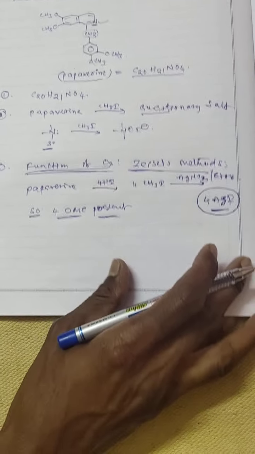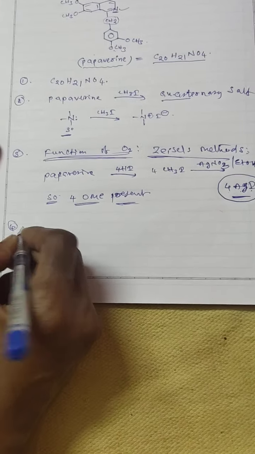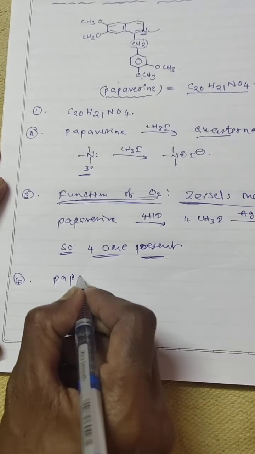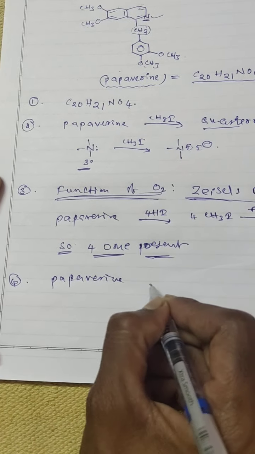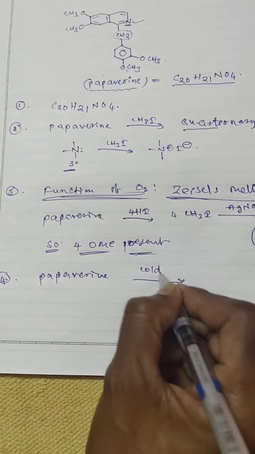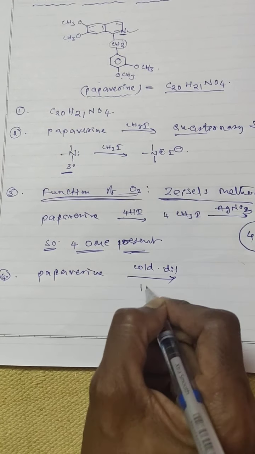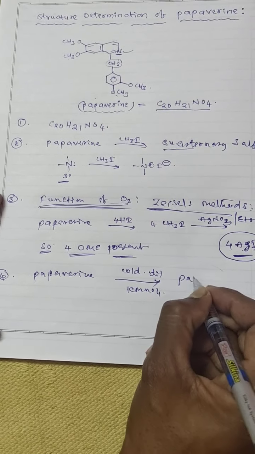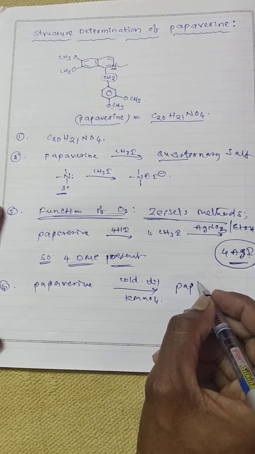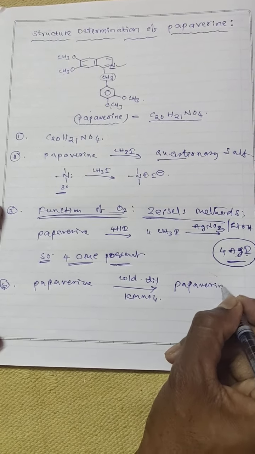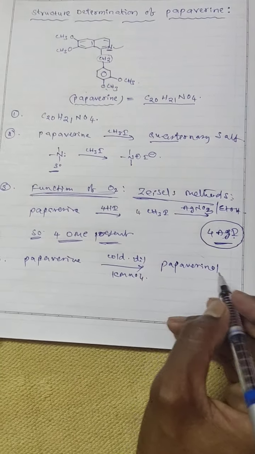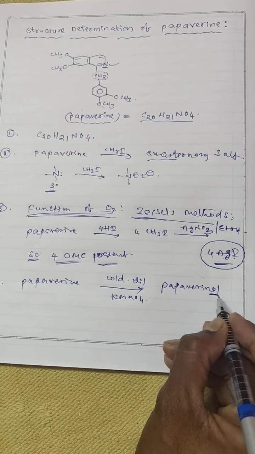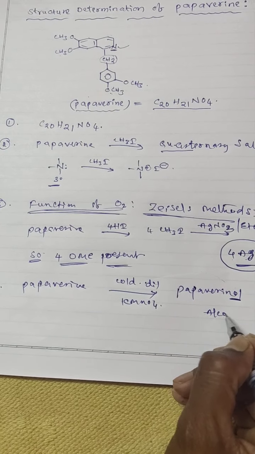Now next, fourth, whenever papaverine reacts with cold dilute KMnO4, it forms, listen, first I will write names only, papaverinol. Papaverinol, ol means alcohol, right?